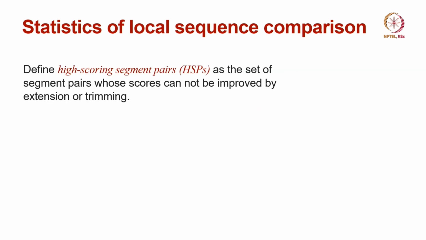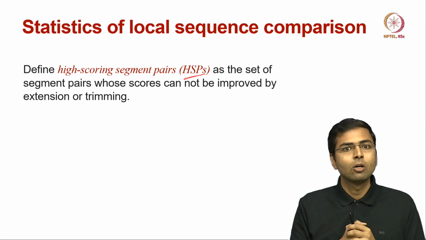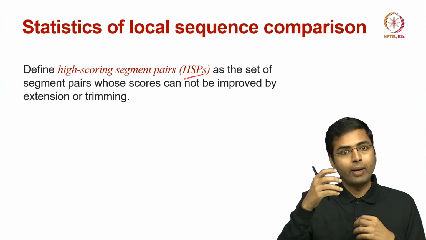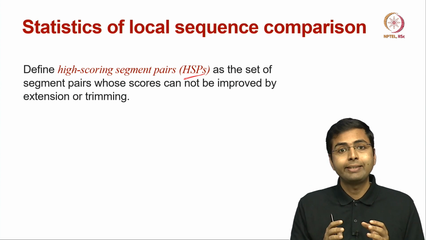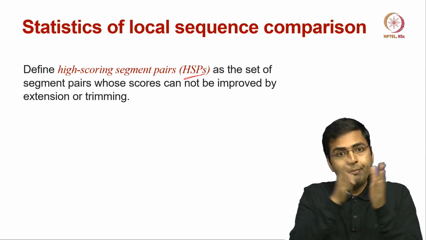We will define something known as high scoring segment pairs, which we will abbreviate as HSPs. HSPs are the set of segment pairs, or substring pairs, between two sequences whose scores cannot be improved by extending the substring or trimming the substring.